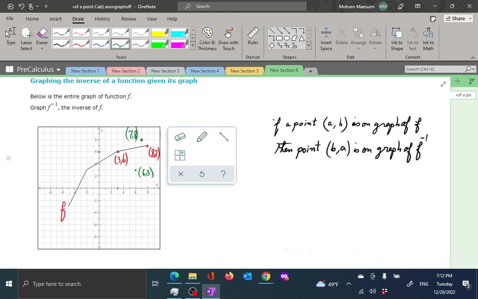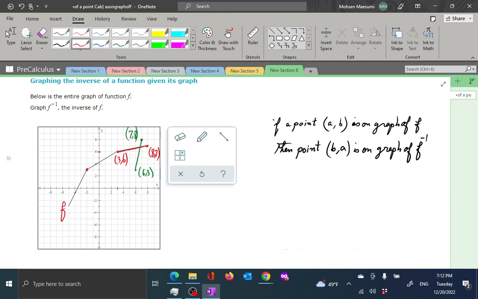So if on the function I go from, let's call this point A to B, then on the sister function or the inverse function, I'm going to go from this point to this point. And so on, we continue.